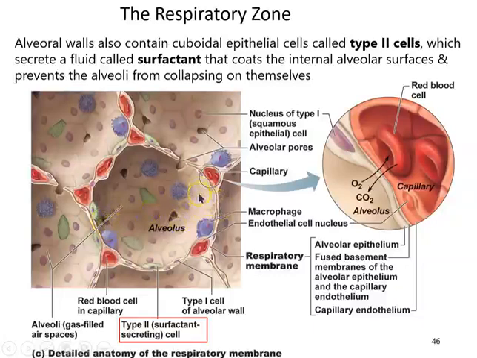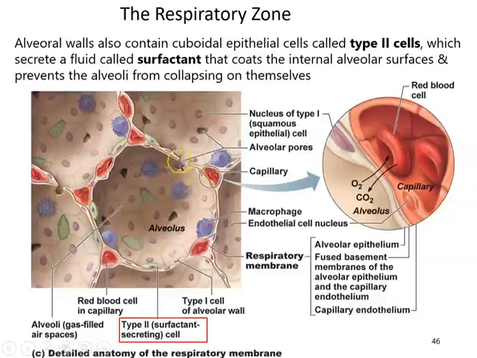In that extreme example, if this collapsed to the point where this cell touched this cell, they would be welded together, just from surface tension of water. To prevent that, you could add a detergent to the water, or a surfactant, that would reduce the tension of water and it would let those things separate. That's kind of the extreme example of what surfactant would do. If this cell and this cell touched and the layer of water welded them together, surfactant would disrupt that and let them separate again.